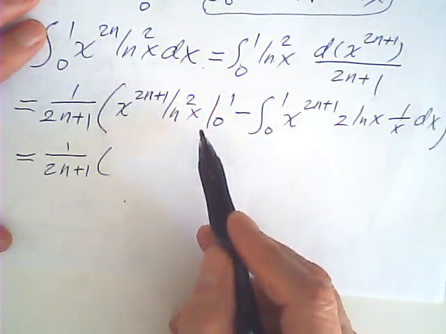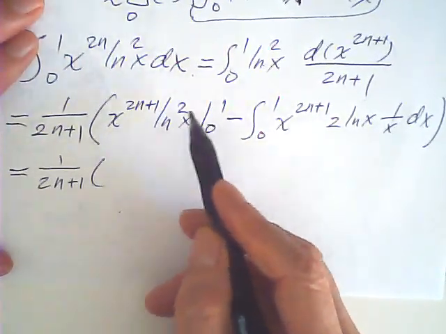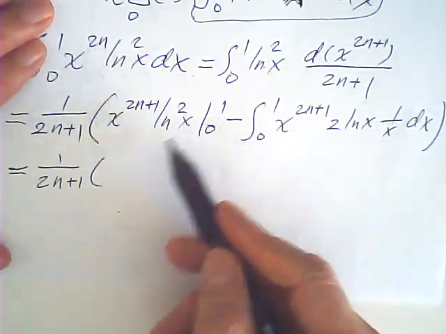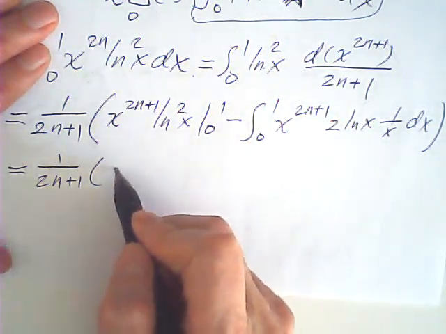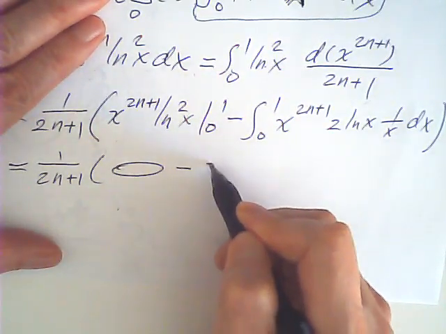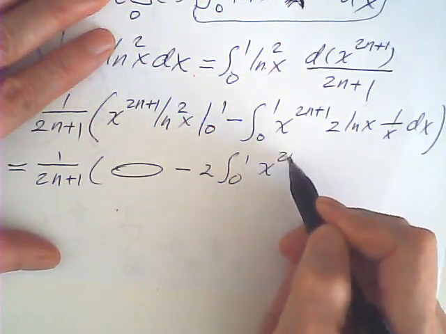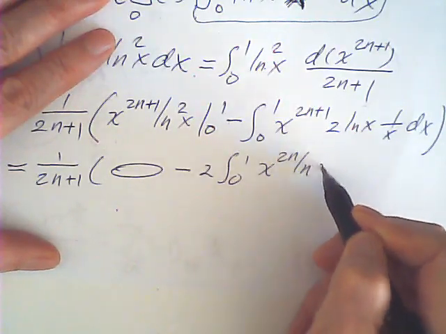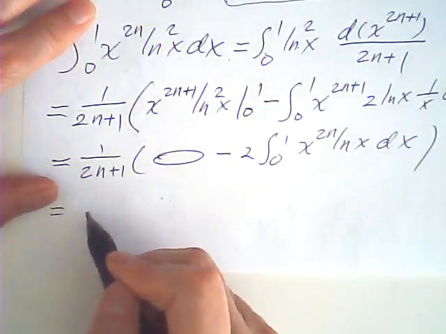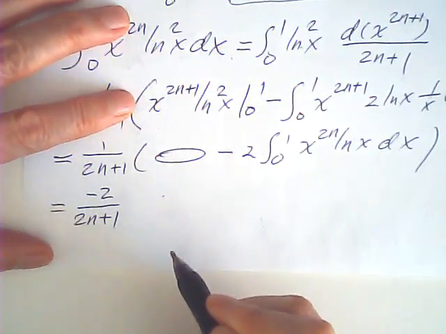When x equals 0, it's infinity times 0, then you can solve it by using L'Hopital's rule. I leave the job for you to do, and this ends up with 0 minus 2 times the integral of x to the 2n log x dx. Then this one equals negative 2 over 2n plus 1 times the integral.